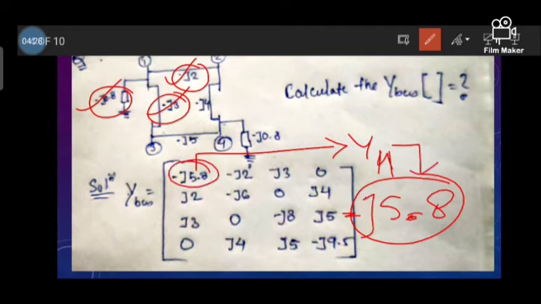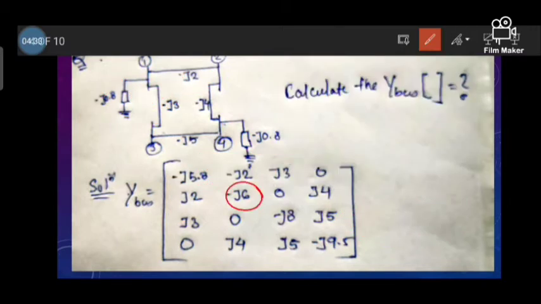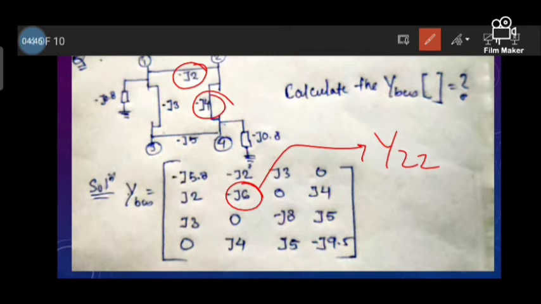Like that, y22. Let me erase first. Y22, how will it form? All the admittances connected at bus number 2, that is y21 and y24. So add both, that is 4 plus 2, that is 6, with the minus sign.